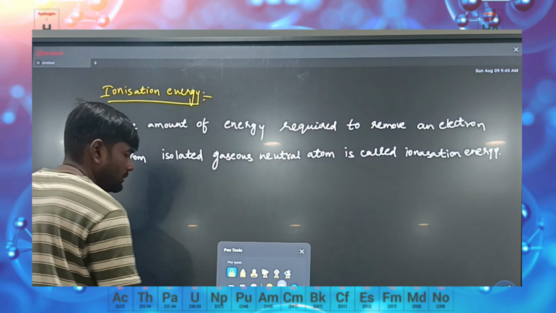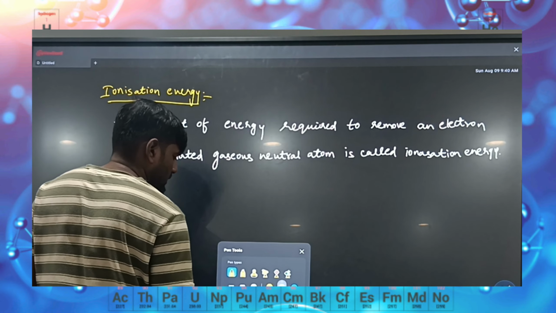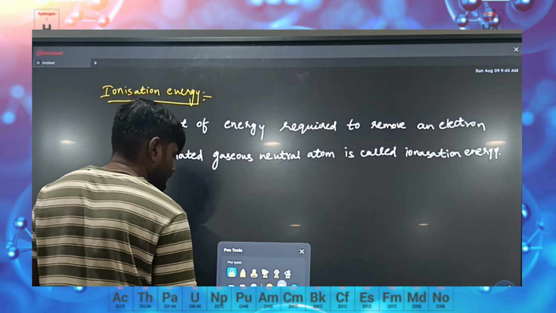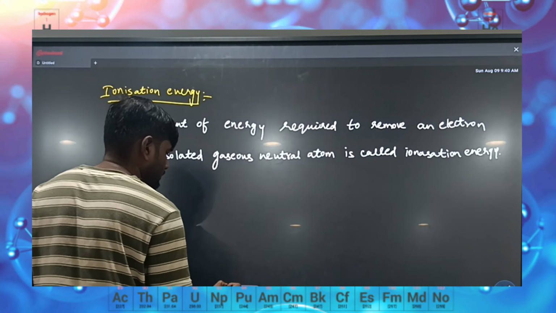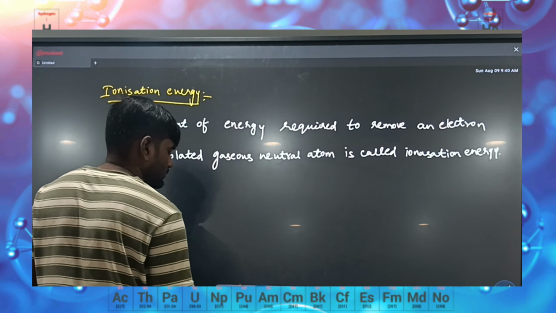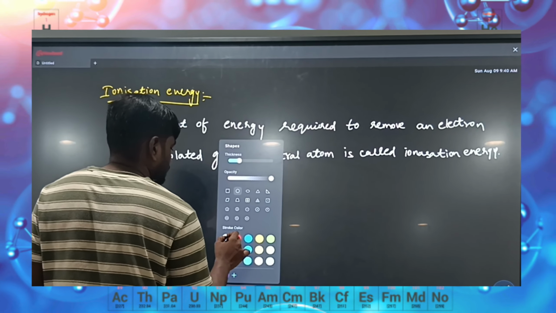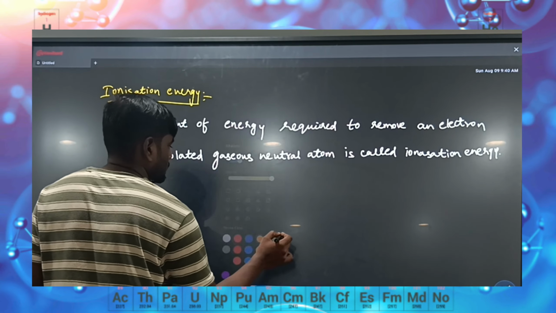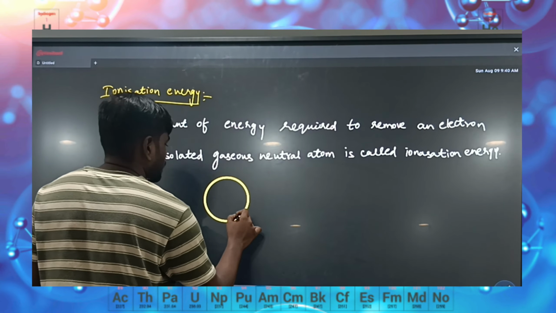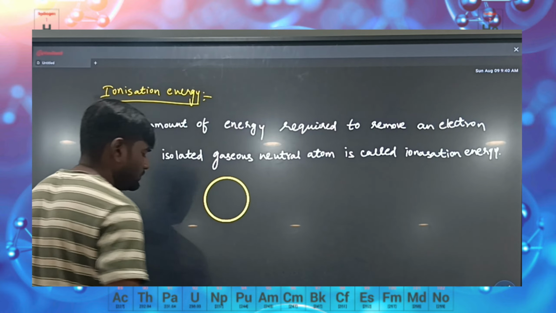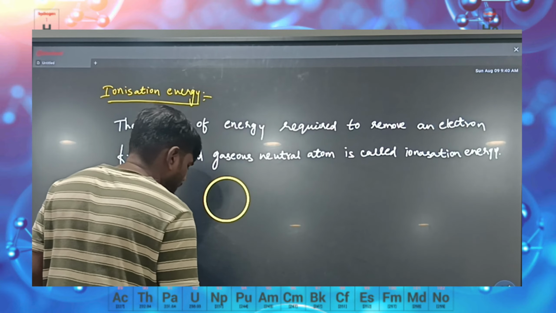For example, this is an atom which is in spherical shape.